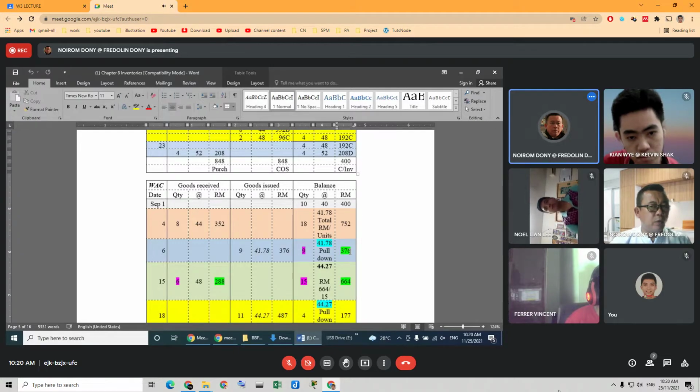We do not want to reflect that. We must get the actual total cost. So that's why the previous balance value 752, you need to minus with the issued value. Then you get 375.98. So meaning the total cost will be the same, isn't it?